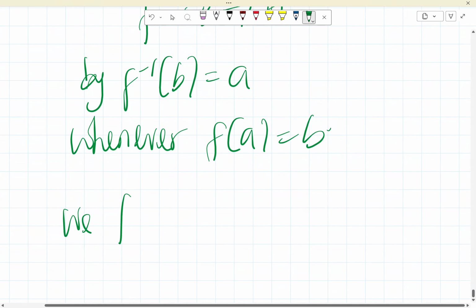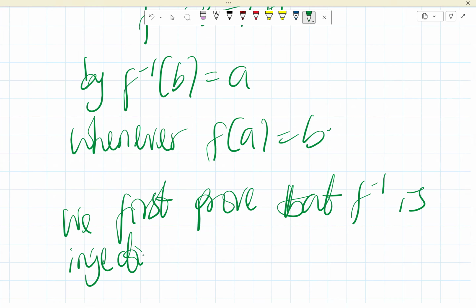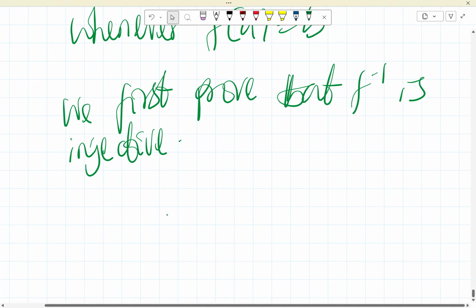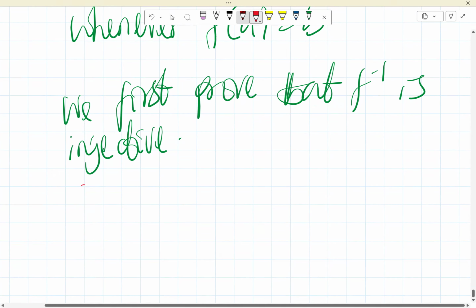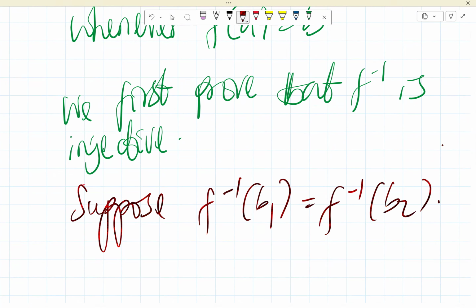So we first prove that F inverse is injective. So then we go for that. So suppose F inverse of b1 is equal to F inverse of b2.